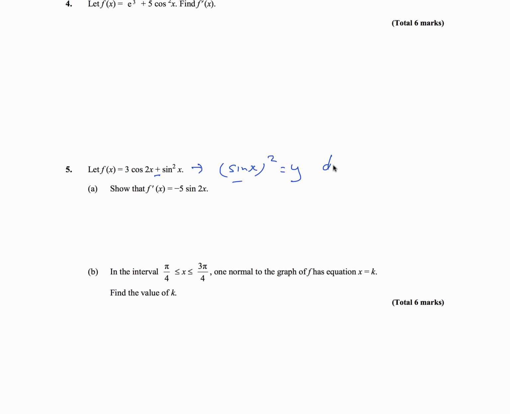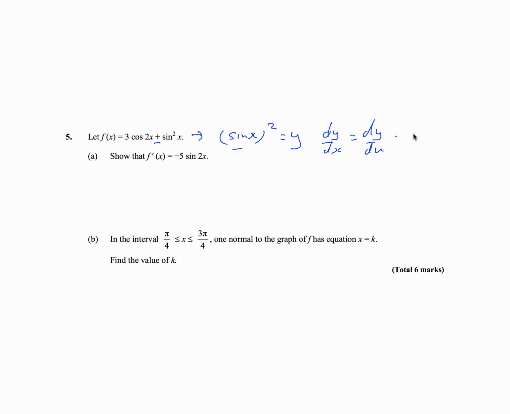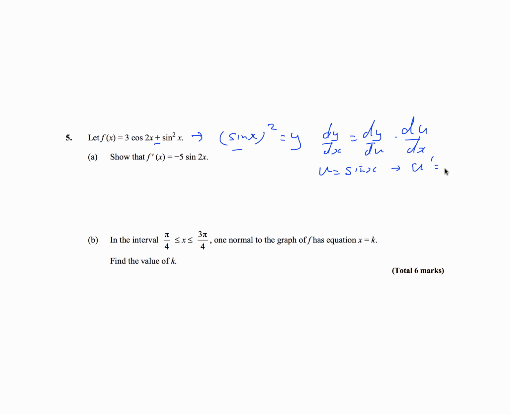Then dy by dx is equal to dy by du times du by dx. u is equal to sine x, which means that u prime is equal to cosine x, and y is equal to u squared.